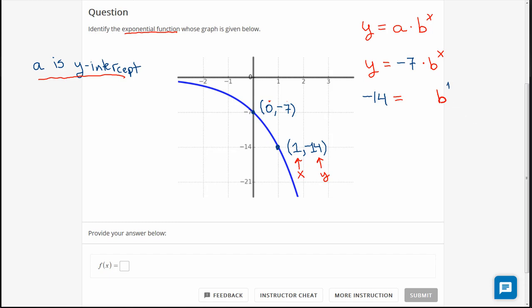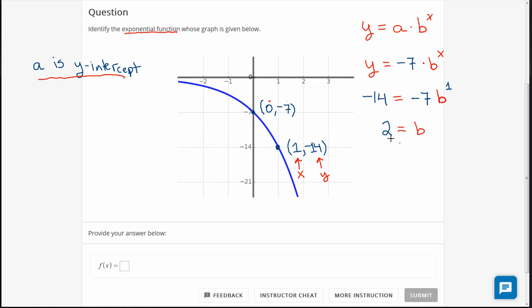So if I replace x by positive 1, then I have to replace y by negative 14. And now you can just do a little bit of algebra. If I divide both sides by negative 7, I get 2 is equal to b to the first power, and b to the first power is just equal to b.